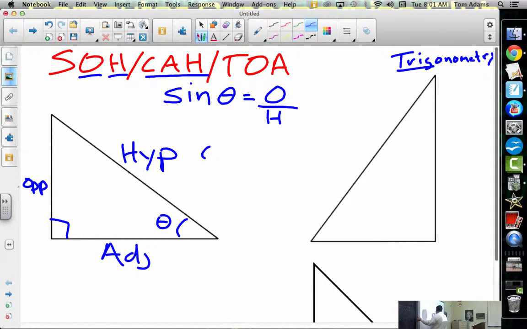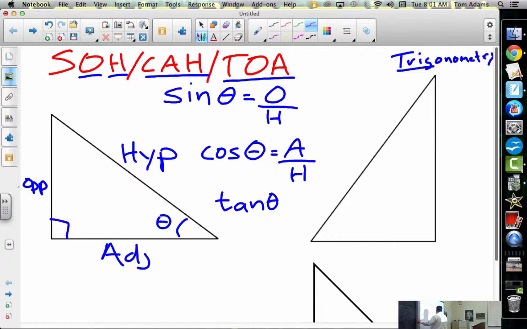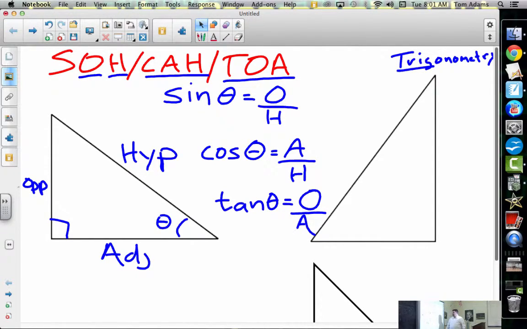The CA is cosine of theta is equal to the adjacent over the hypotenuse. TOA means that tangent of theta is the ratio of the opposite over the adjacent. Okay? Does that make sense to you guys?